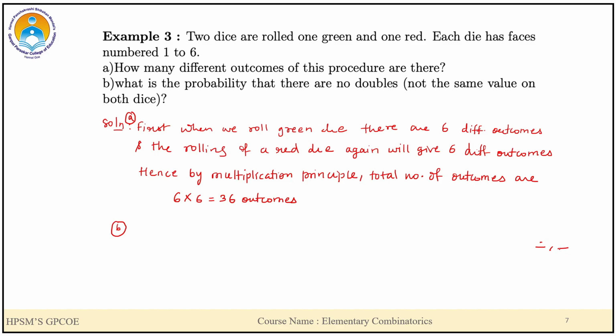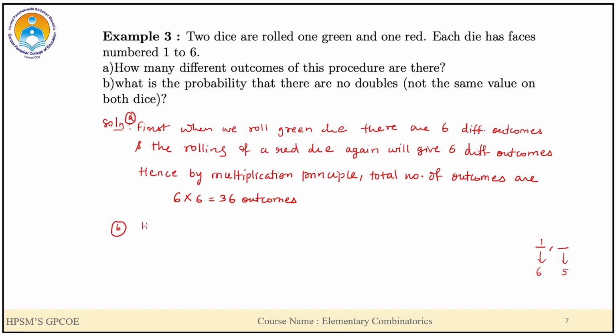That number should be different. So if we are getting here, let us say 1, then 1 again should not come here. So we have only 5 possibilities left, right? So this place can be chosen 6 different ways, and this place can be chosen 5 different ways, right? So the total number of ways will be 30. So let us write this now.